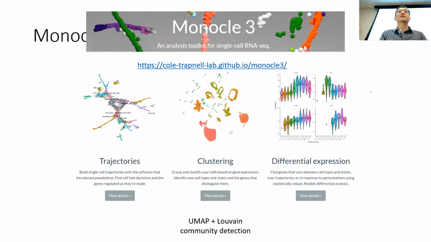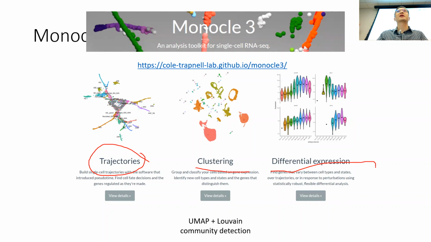Then they came up with Monocle 3. I don't know the link between these. I have no idea whether the trajectory analysis still uses the framework of Monocle 2 or not. And at the same time, they added clustering and also differential expression to the Monocle package. I have no idea why people do this.